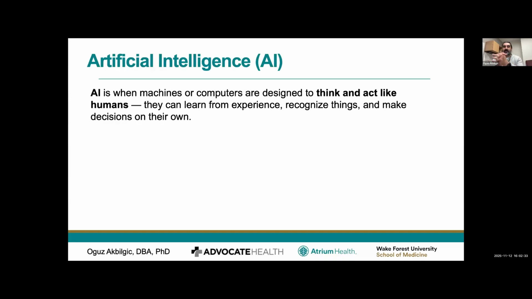In the most layman's terms, we can define AI as designing computers or machines to think or act like humans, so that they can carry out the tasks humans can do, or maybe exceed them. We want a computer, if it sees a cat, to say it's a cat, like an average human.